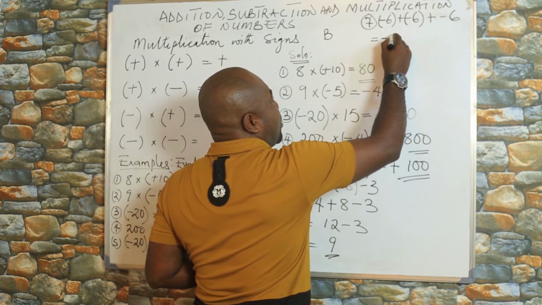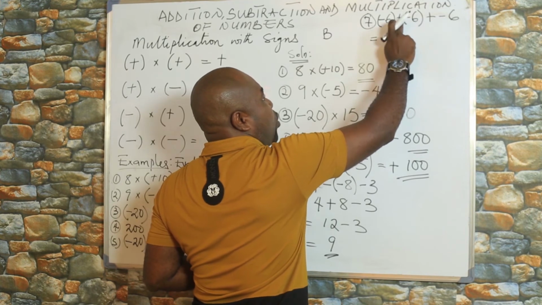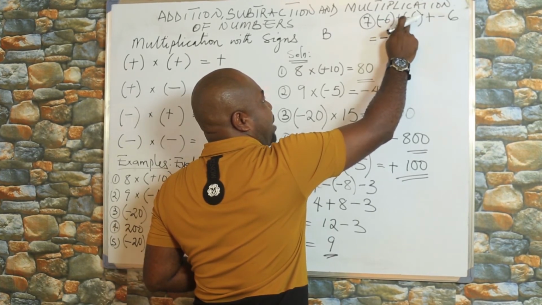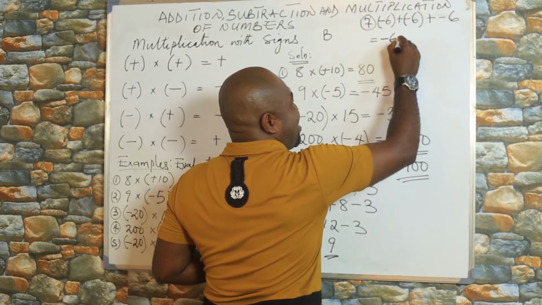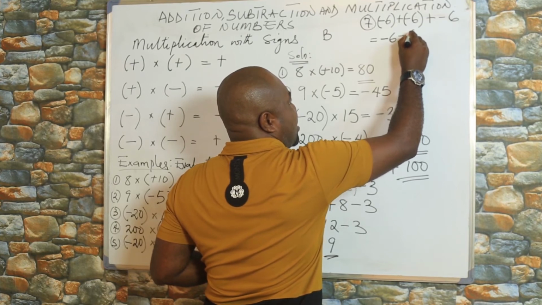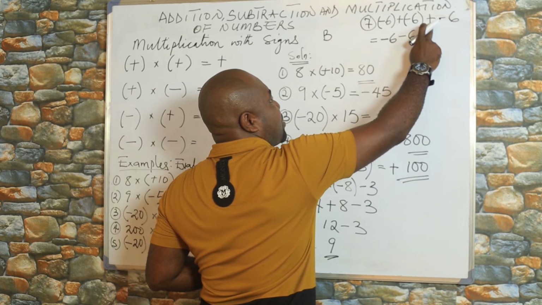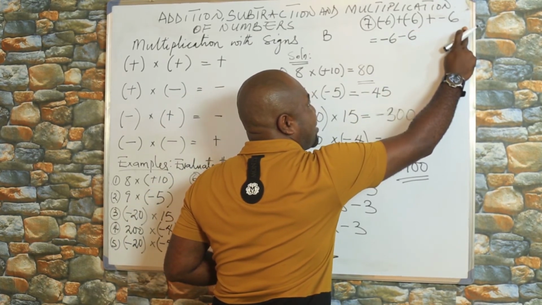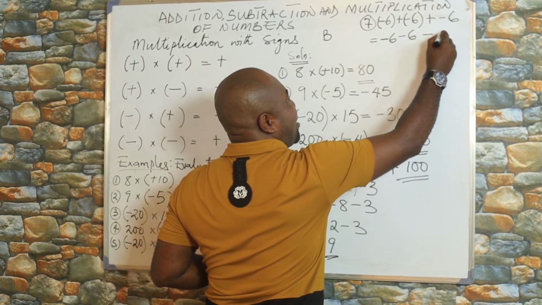This is minus 6 plus times minus. To open this bracket, because these two signs are sharing this bracket as a border, plus times minus is minus. Then 6 plus minus 6 again. Plus minus is minus.